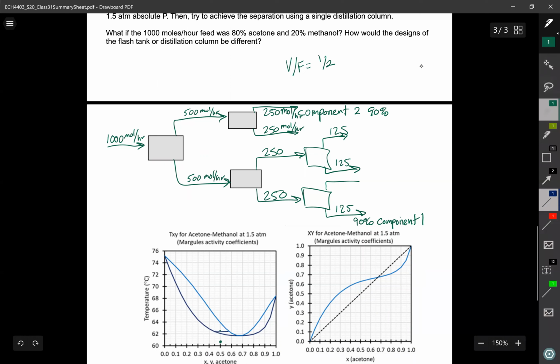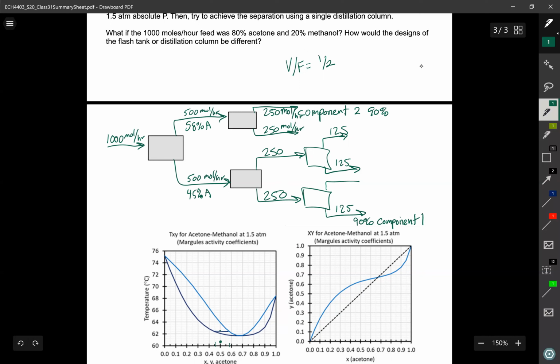And I would read the compositions off the graph. So I've got 58% and 45%. I'm going to say component A is acetone, to make it easy on myself. So in the vapor phase, I've got 58% acetone and 45% acetone down here.